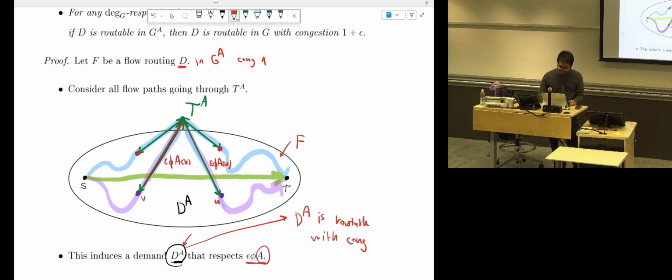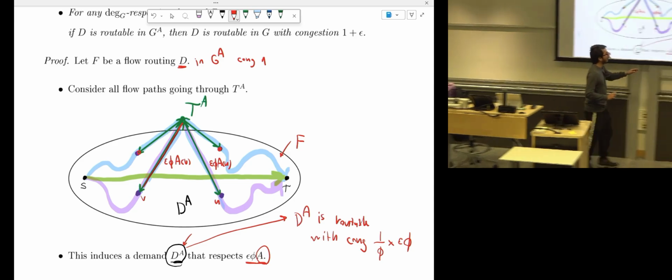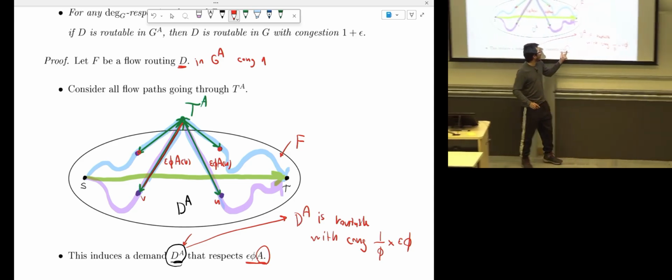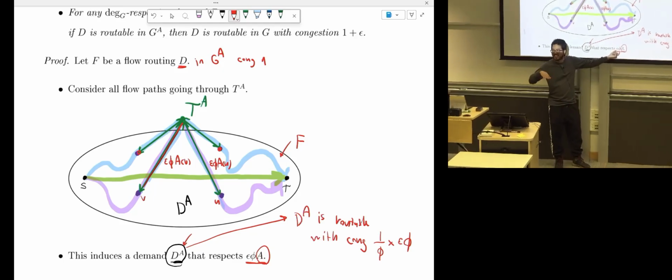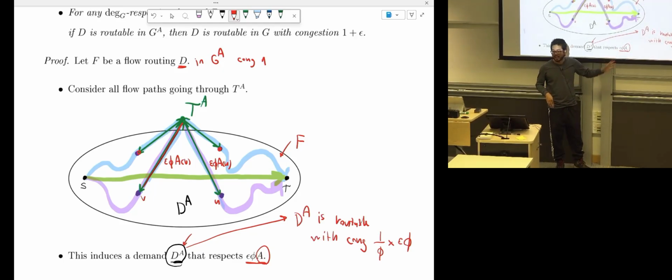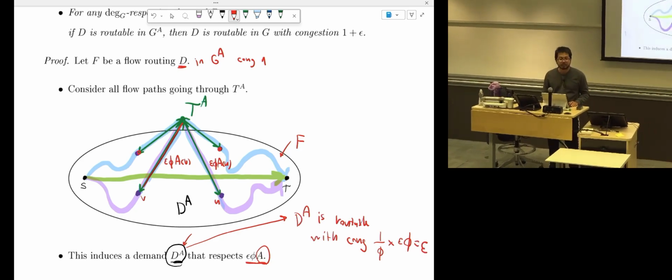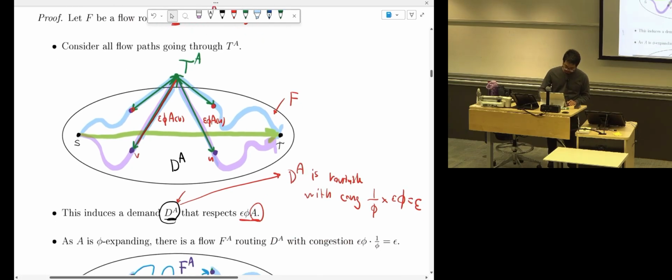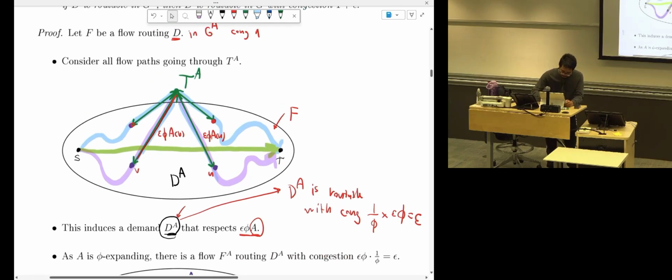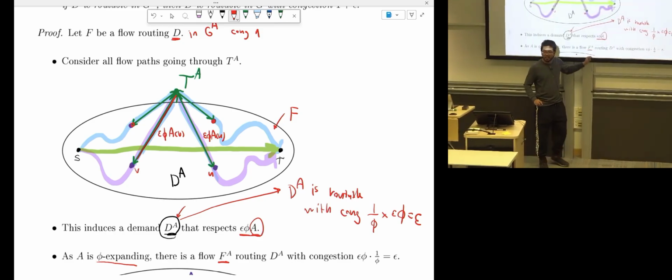If it just respected A, it would be routable with 1 over phi congestion. But it actually respects something much smaller, epsilon phi A. So actually it's routable with congestion epsilon. So if A is expanding, there exists a flow, let's call it FA, that routes this demand with congestion epsilon.